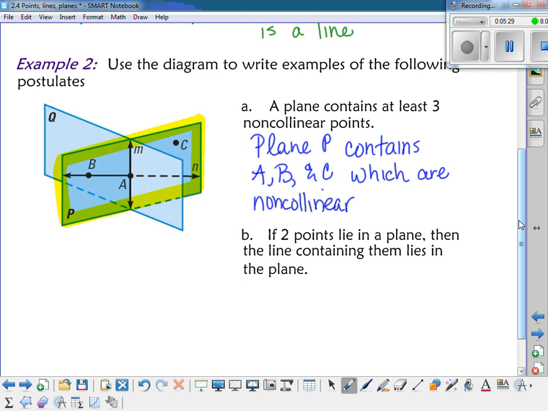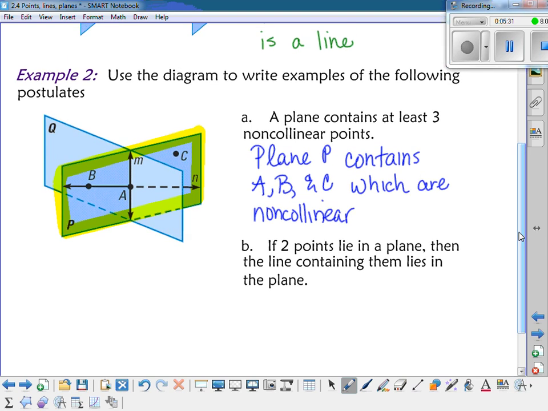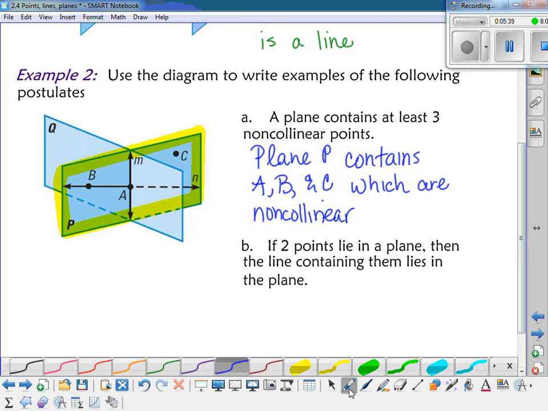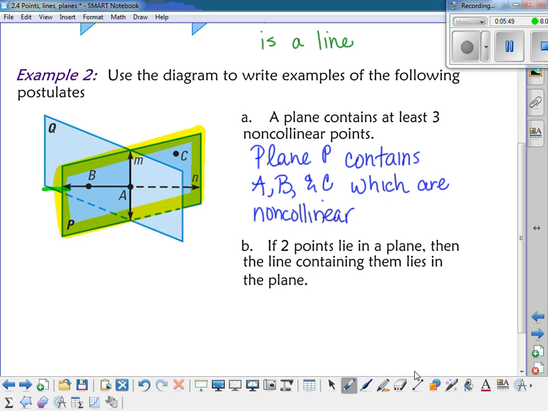Alright, so looking at example B, if 2 points lie in a plane, then the line containing them lies in the plane. So now for this one, I can see that A and B both lie in plane P, and then also the line containing them has to lie in that plane as well.